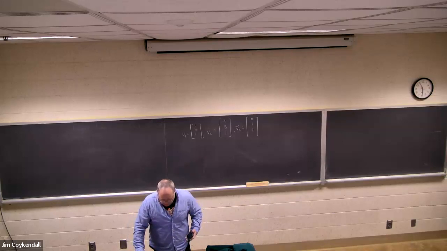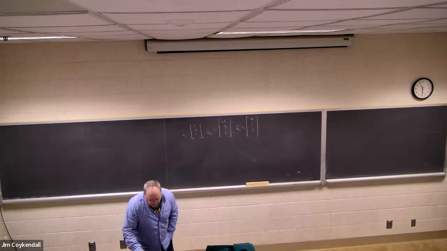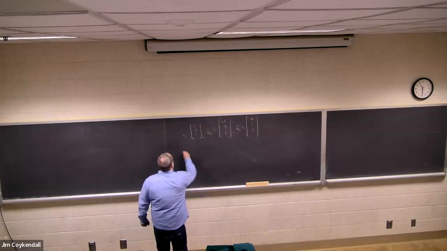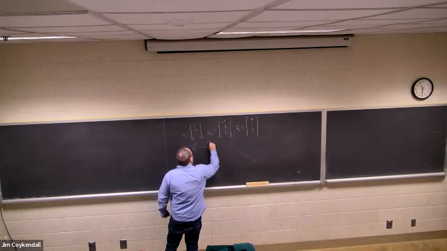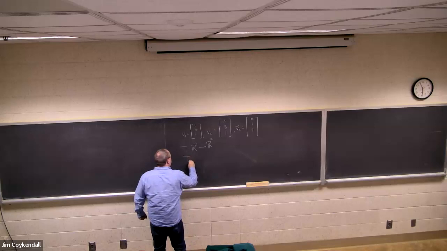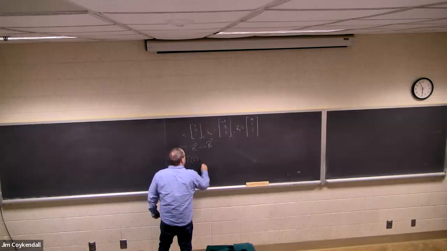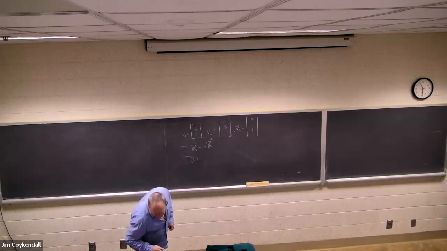You may assume that this is a basis for R3. Of course, you could verify that, but when you see this, you can assume it. Okay, so let T from R3 to R3 be the linear transformation given by T of V equals PV.